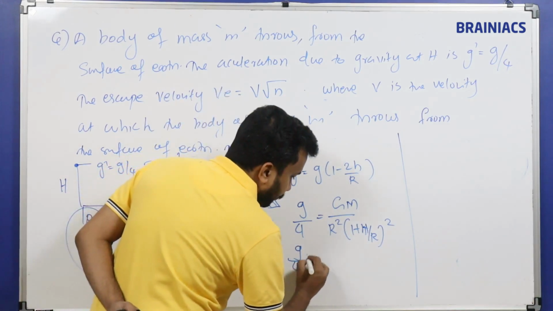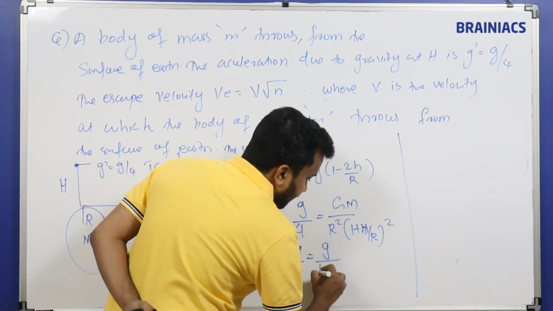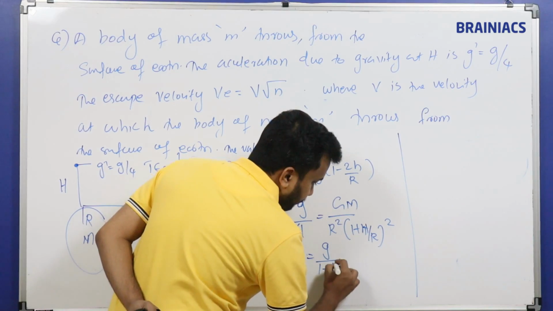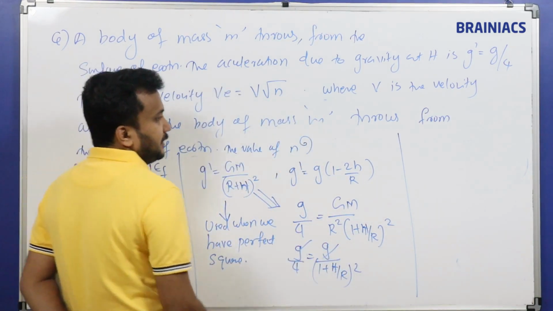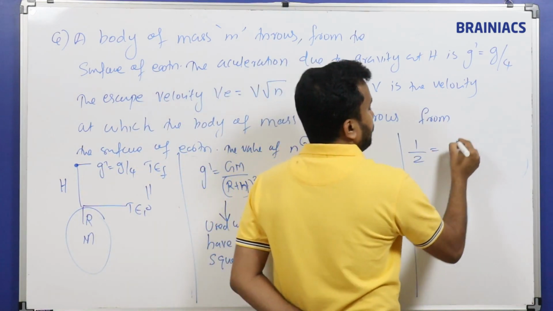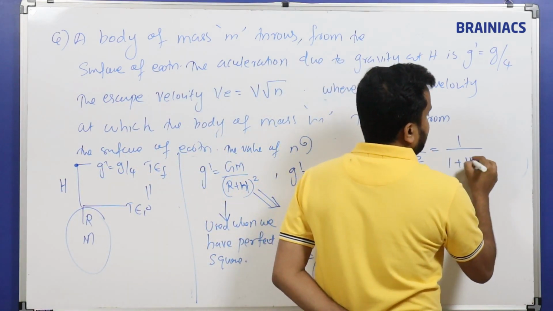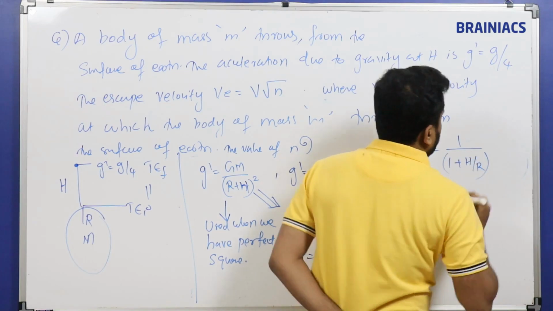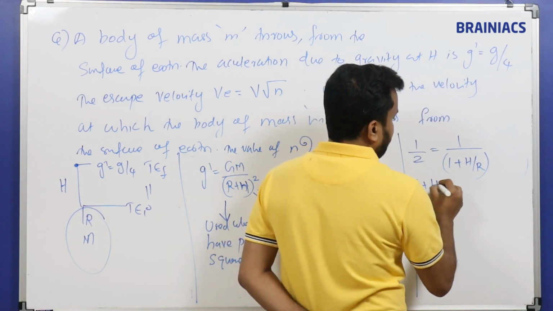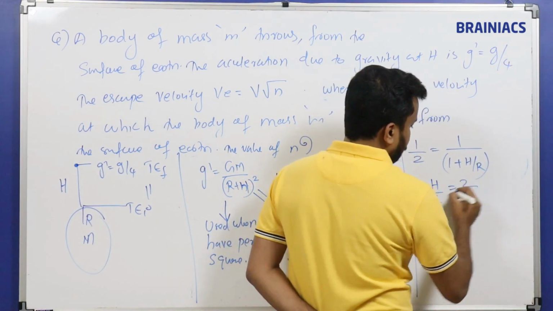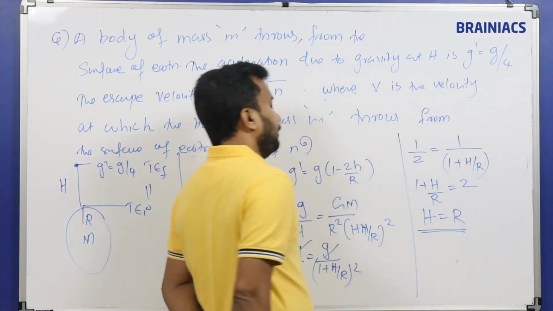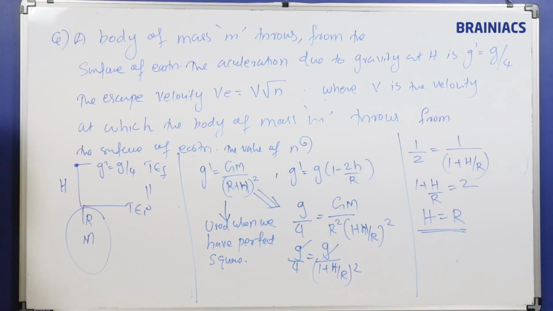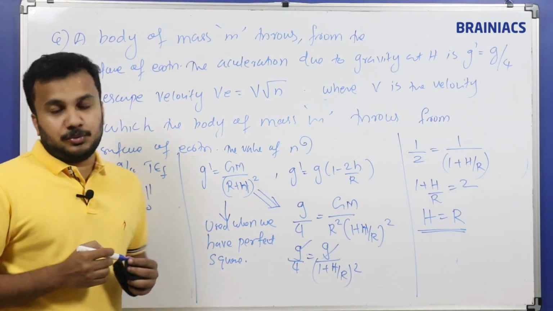So g by 4 is equal to g divided by 1 plus h by r the whole square. G gets cancelled, and on both sides I'm taking the square root. So 1 by 2 is equal to 1 plus h by r. So we'll cross multiply, 1 plus h by r is equal to 2, h will be equal to r. 2 minus 1 is 1, then h is equal to r. So at a height we got the value of h is equal to r.